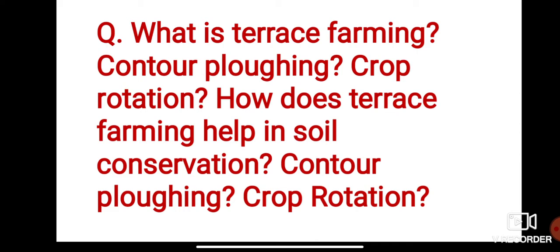Crop rotation is the method where different crops are grown in the field in rotation, one after the other. This method maintains the fertility and nutrient level of the soil.